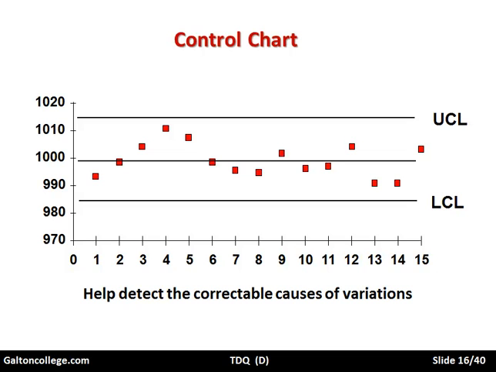We'll talk about this again in a few moments, but the idea is to tighten the upper control level and the lower control level to reduce the distance between the two, tighten it up so the tolerances are even smaller. And the drive for continuous improvement will be to tighten up those control levels.